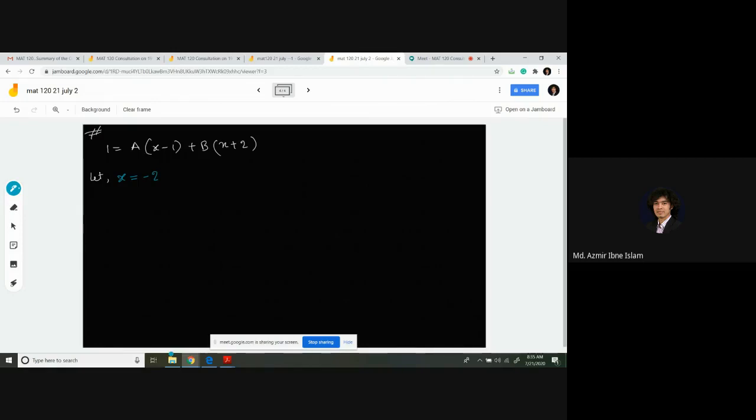From this part, we are getting 1 equals A times (negative 2 negative 1) plus, and this part will be 0, because we are inputting negative 2, so negative 2 plus positive 2 gives finally 0.